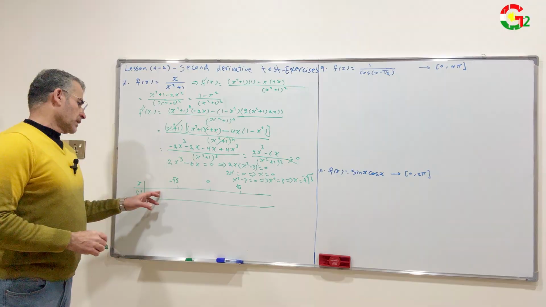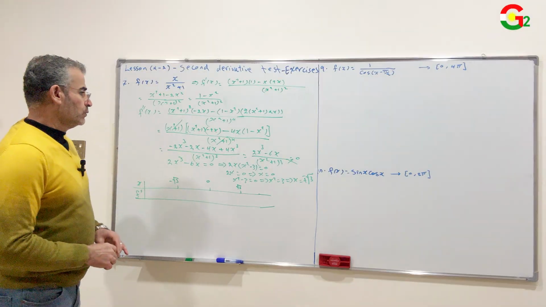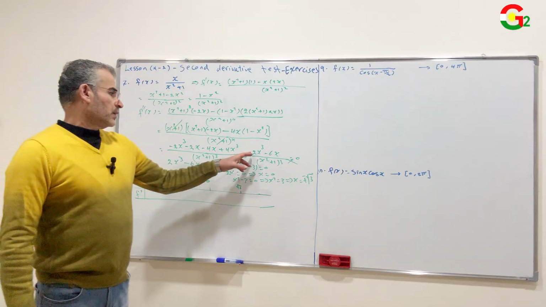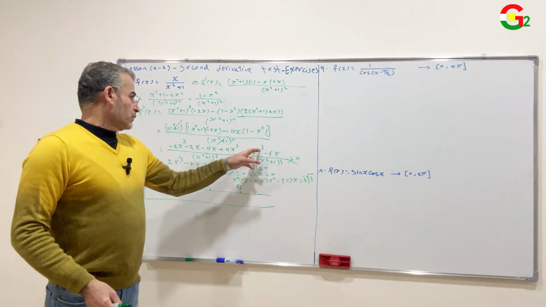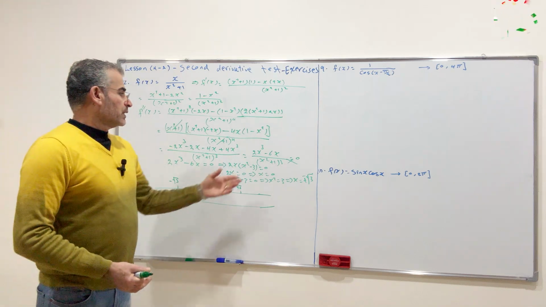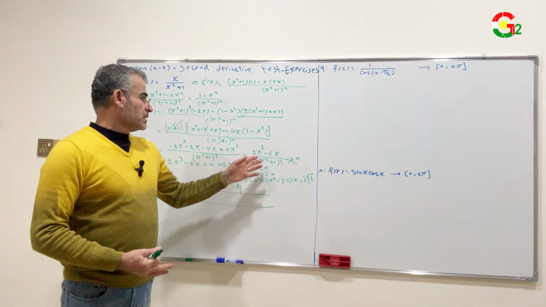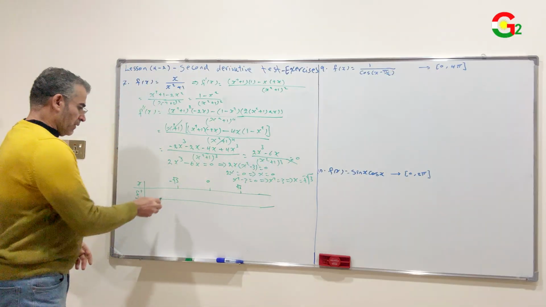Take a value less than negative square root 3, take negative 2. Find the sign of the second derivative: negative 2 to the power 3, negative 8 times 2, negative 16, plus 12, it is a negative value.